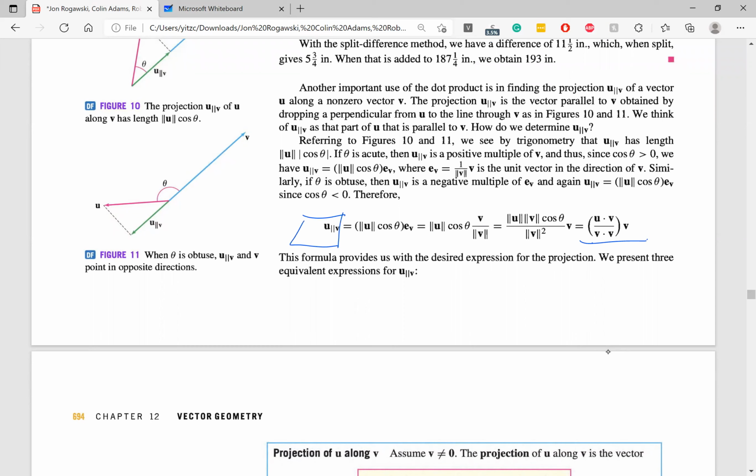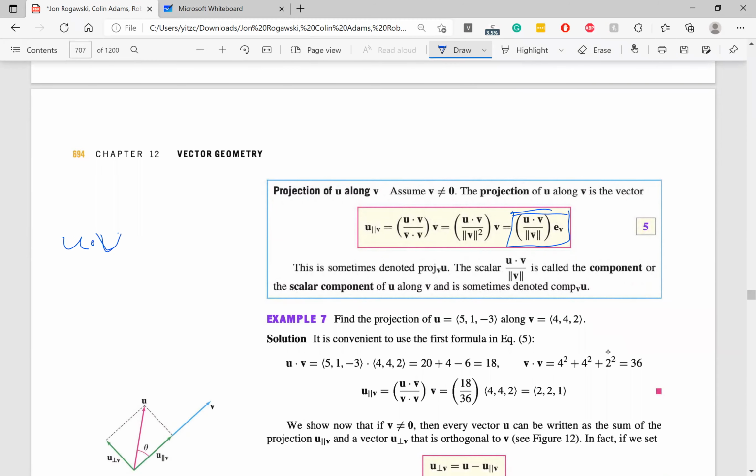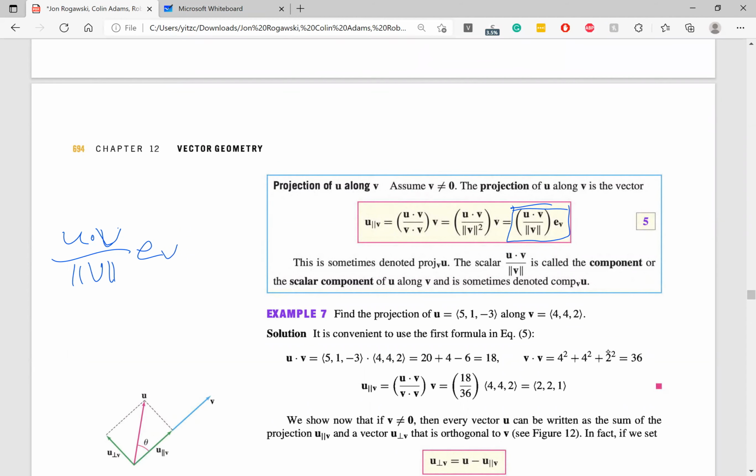It's the calculation that we went through. And then over here, you get the formulas. The projection of U onto V. And again, I would recommend to remember this one. U dotted V over the magnitude of V times EV. And this scalar over here, which is the scalar that appears before the unit vector in the direction of V, is called the component of this projection.